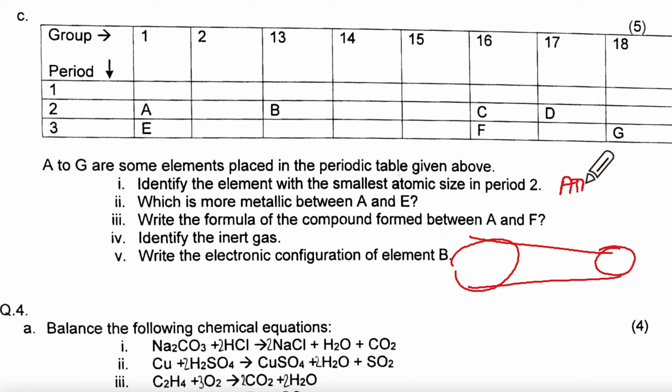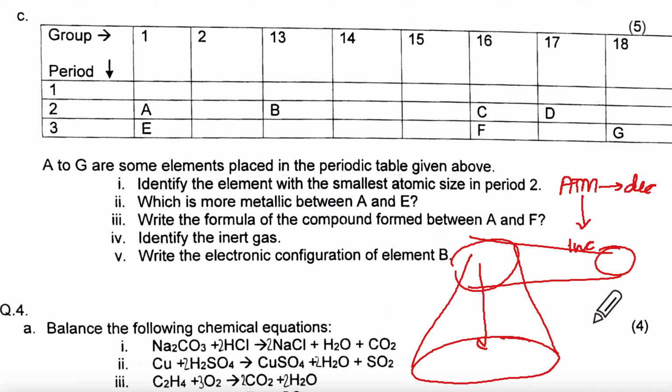I told you this diagram. Down the group, what happens? Atomic size increases, and across the period atomic size decreases. Can you see that? So the smallest atomic size will be on this side.